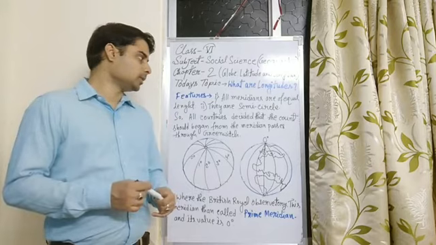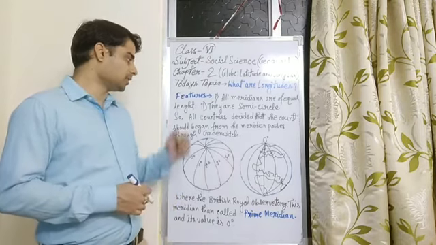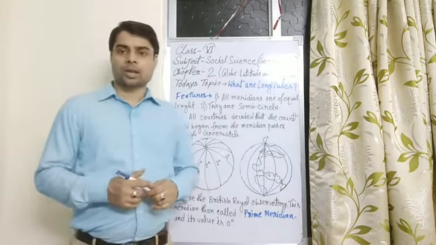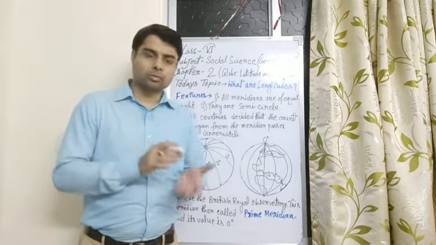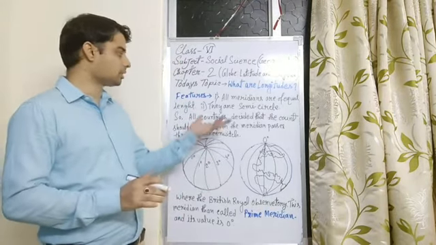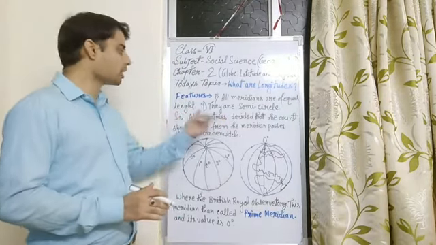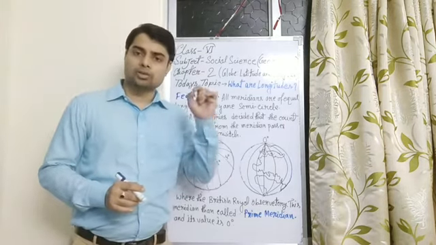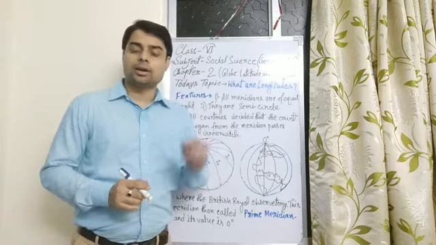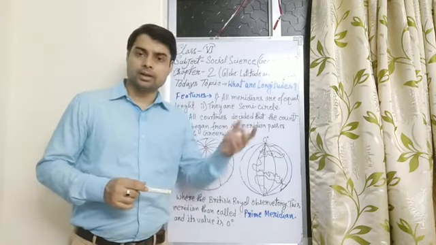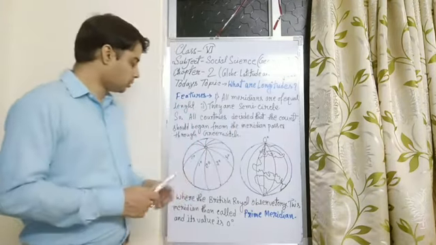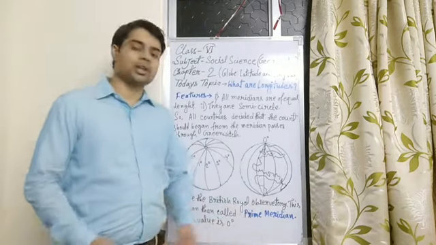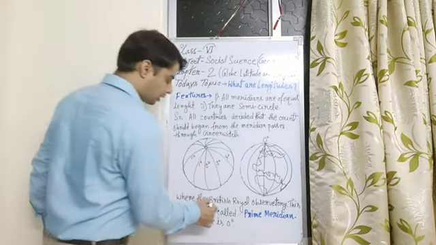Finally all the countries organized a meeting, and in the meeting it was decided that the count should begin from the meridian that passes through Greenwich. Greenwich is actually a village situated near London in England, where the British Royal Observatory is situated.